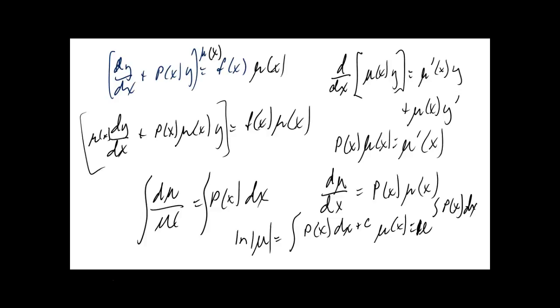Just integrate, first thing you do, integrate your p of x dx. It's a continuous function, integrate it if you can. Usually you can. Whatever that comes out to, that's the function you're going to e to the that. And then that's what you multiply by both sides of the equation. But do you actually have to do that? Let's wait and see.